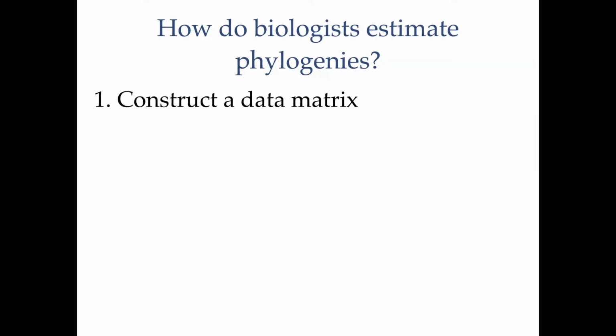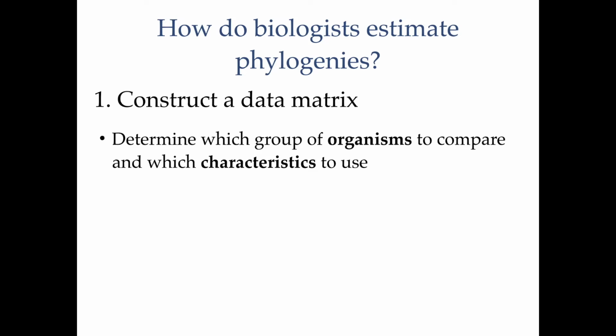Now we know what makes a tree, how we can read that tree. So we need to know how we can estimate, or how we can draw, one phylogenetic tree. And to do that, the very first thing we have to do is to construct a data matrix. That data matrix is going to be the basis for our drawing, or for our representation of the relationship of each other.